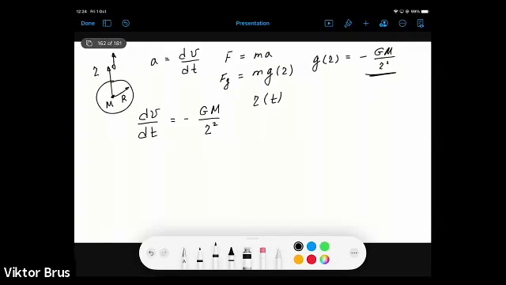And in order to overcome this problem, we need to do the following thing. Let's say we have dv over dt. Let us multiply and divide it by dr. So nothing will change because dr over dr is unity, but it will help us to rearrange these terms in order to get rid of time. Do you see already how we get rid of time here?